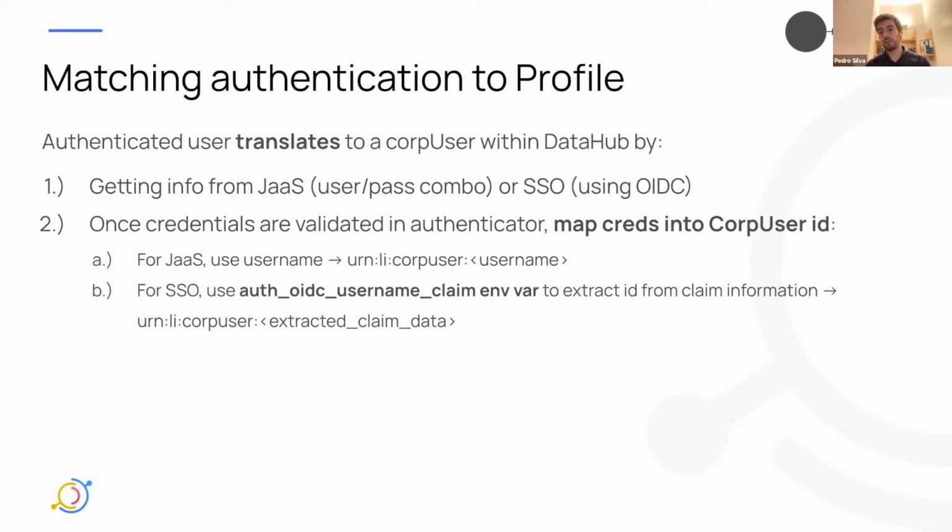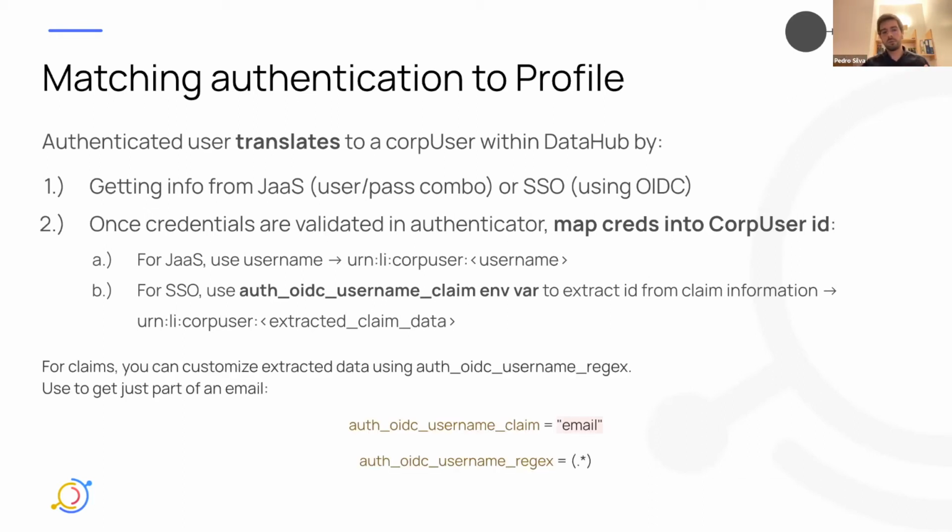For the JAAS use case, we take the username that you used and prefix that with urn:li:corpuser, and that's the urn of the user that has just authenticated. For OIDC or SSO, it depends on the claim variable that you have configured for DataHub to extract information. So in this case, you would do urn:li:corpuser and the extracted information.